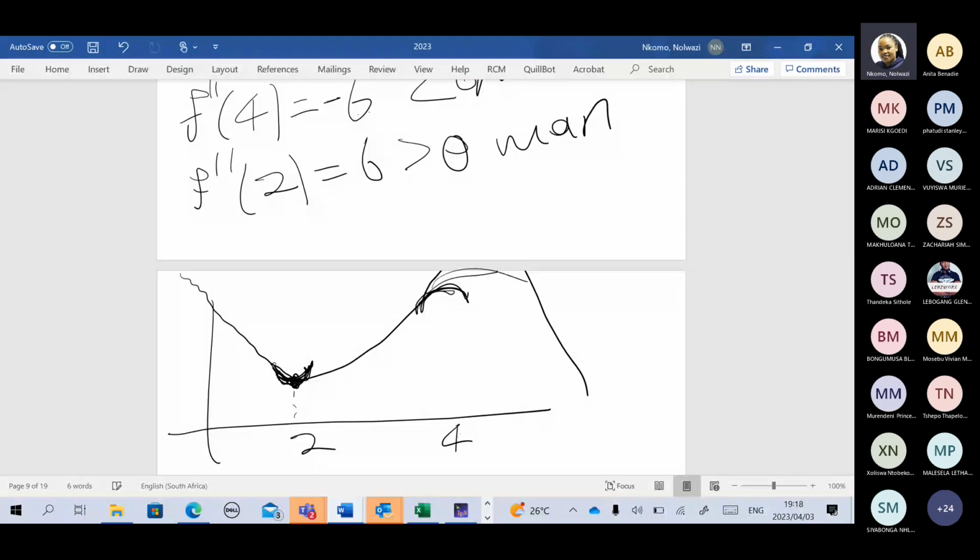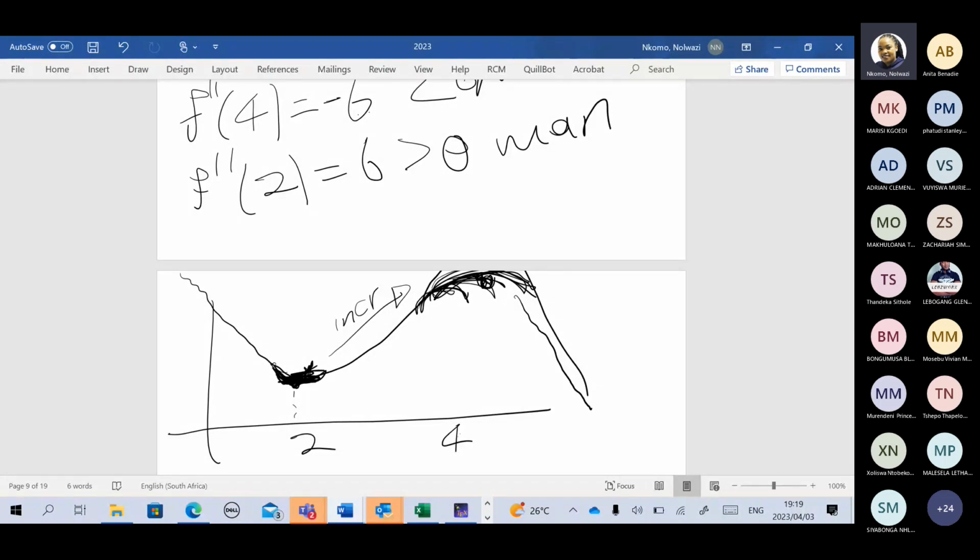Since this is the minimum, that means from here to this point, our slope is increasing, right? And if this is the maximum point, that means from here to the x value, which we don't know because this graph is still continuing, the graph is decreasing, right?